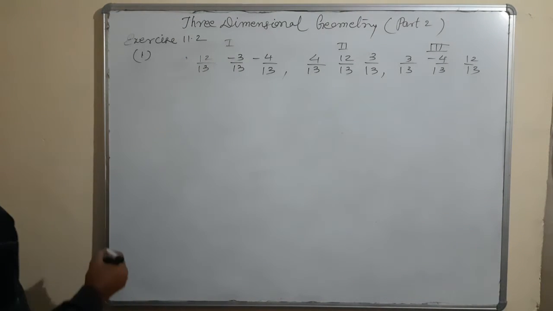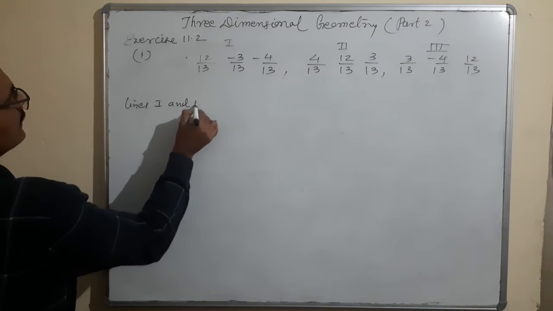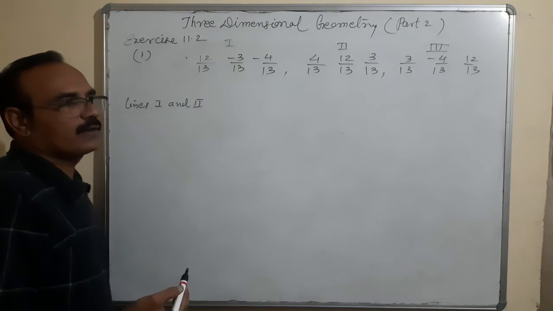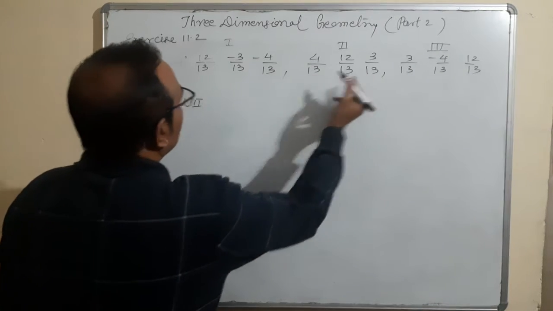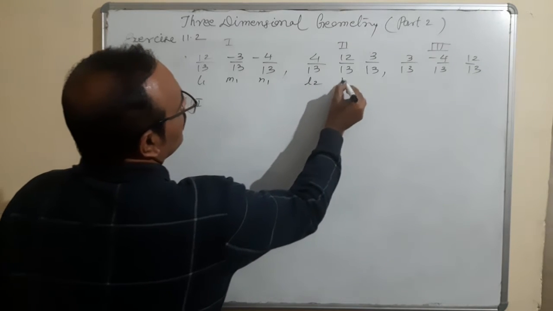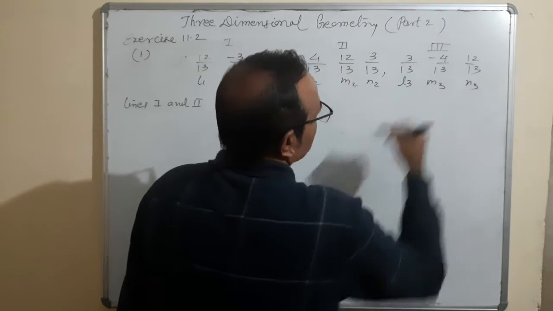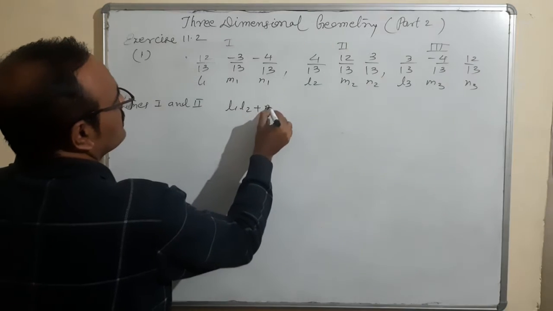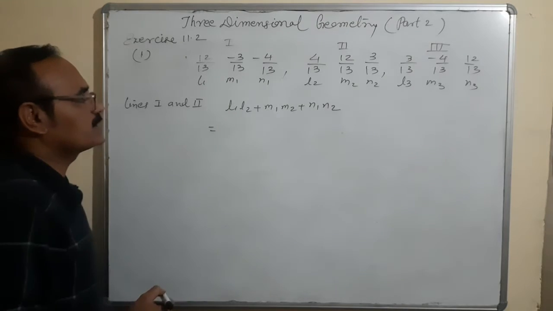I am taking lines first and second, with direction cosines L1 M1 N1, L2 M2 N2, and L3 M3 N3. Let us see L1 L2 plus M1 M2 plus N1 N2, and what result comes.